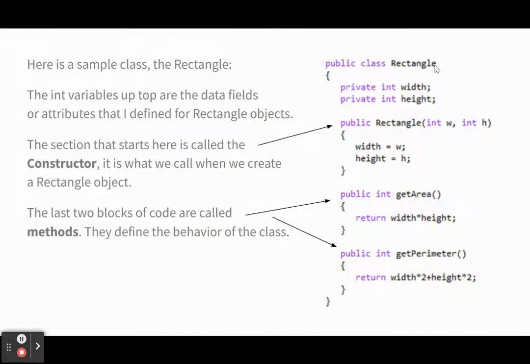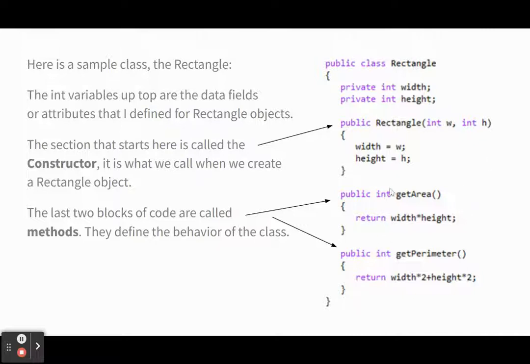So public class Rectangle. And then look, there's the two variables. We'll talk about why it says private there, but it does. There's the width variable and the height variable. They're both integers. And then this little block of code is called a constructor. We'll be talking about that more in a few minutes.